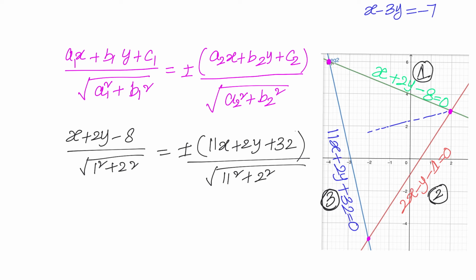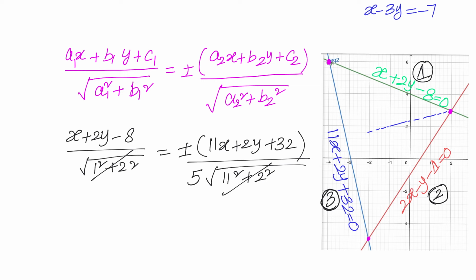Now, when we simplify, we see that this is root 5 and this is root 125, that is 5 root 5. So you are left with 5. This is root 5, and on the other side we have 5 root 5.